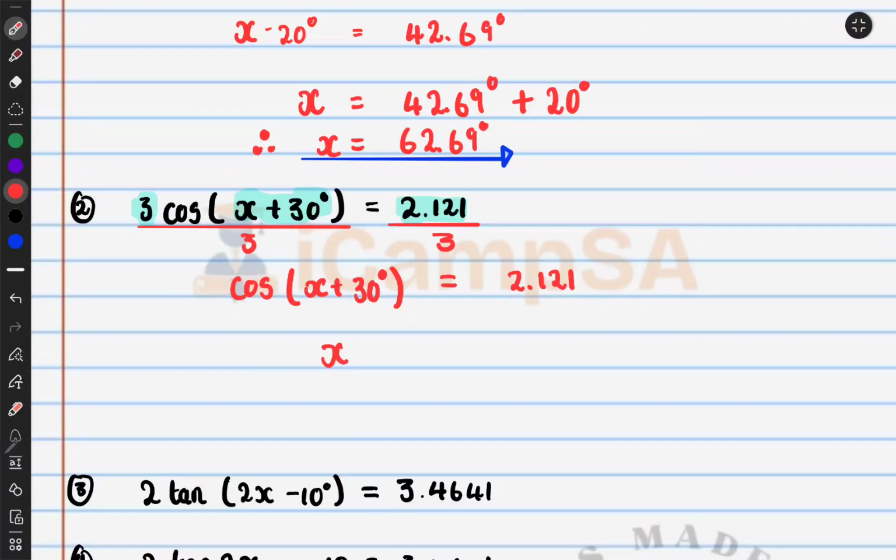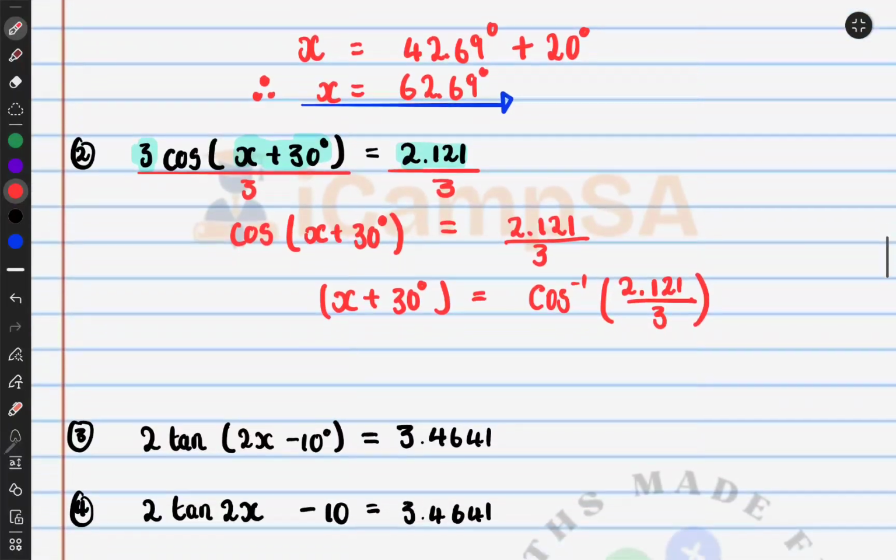And then let's isolate the angle now. Therefore, we're going to have x plus 30 degrees is equal to, we take cos to the other side, so we have cos inverse of 2.121 divided by 3.